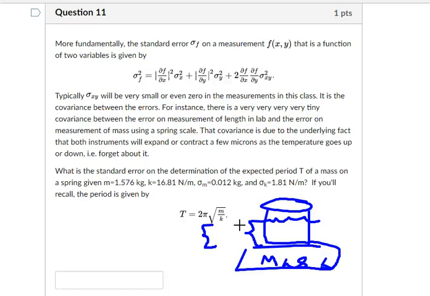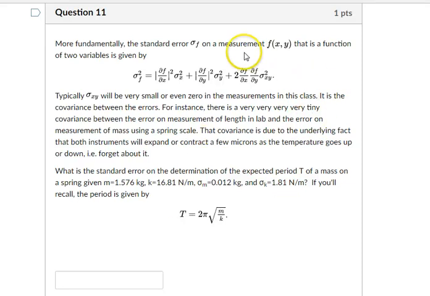And if I'm trying to measure the density of this fluid, then I'm potentially introducing a correlation between the mass and the height, because the mass in this instance is in fact a function of the height. So that's something we won't worry about in this class. Almost all the time, unless I tell you otherwise, this term out here is 0.